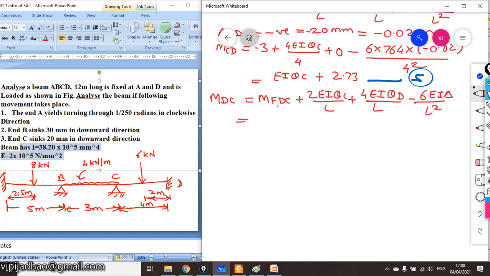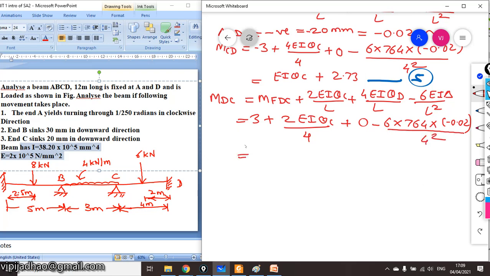We have already found the value of MFDC, that was 3 kilonewton meter, plus twice EI theta C divided by L, where L is 4 meter, plus theta D is 0 because it is a fixed support, minus 6, with EI as 764, delta minus 0.02 meter, divided by L square, that is 4 square.